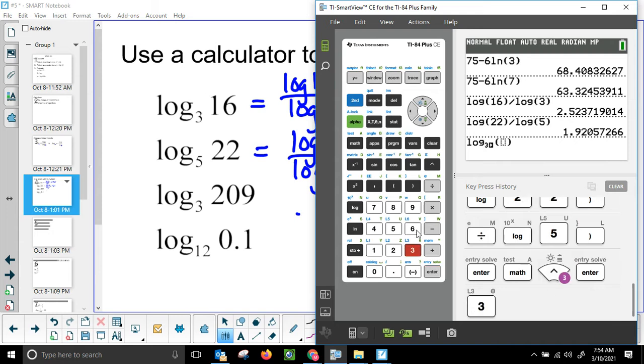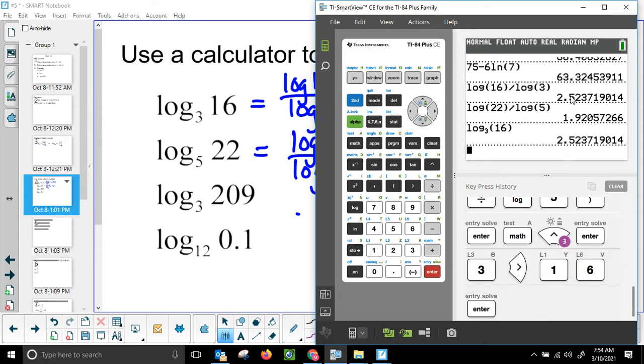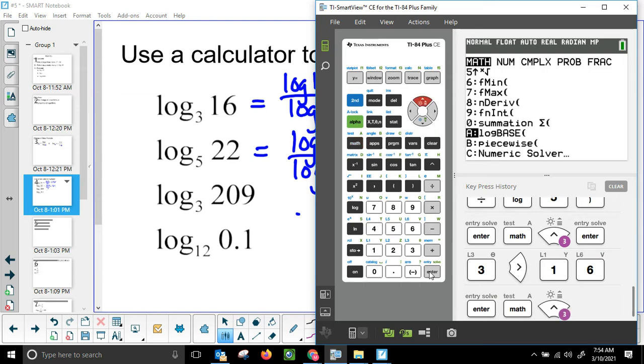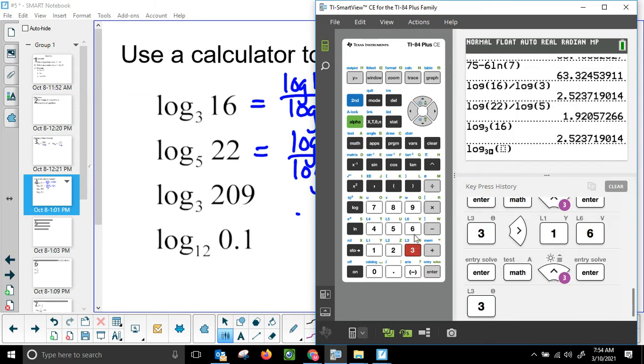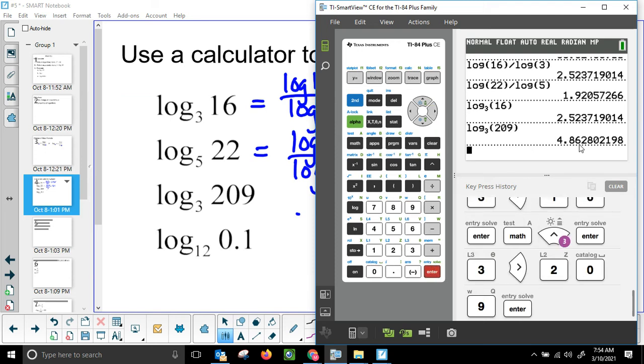So if I wanted to do log base 3 of 16, as you can see, we get the exact same answer as what we used up here when we used that change of base. So we could say log base 3 of 209, 4.863.